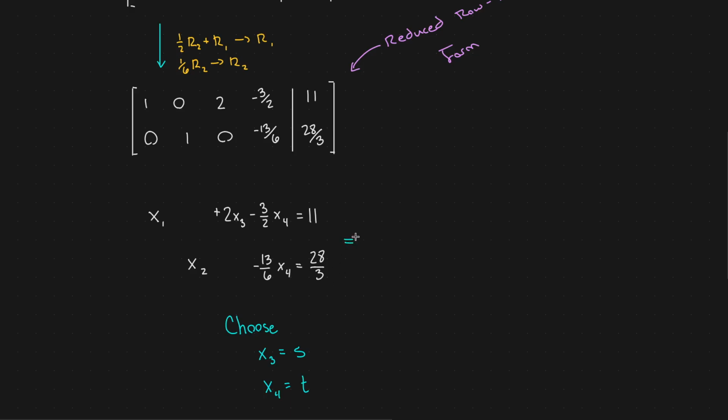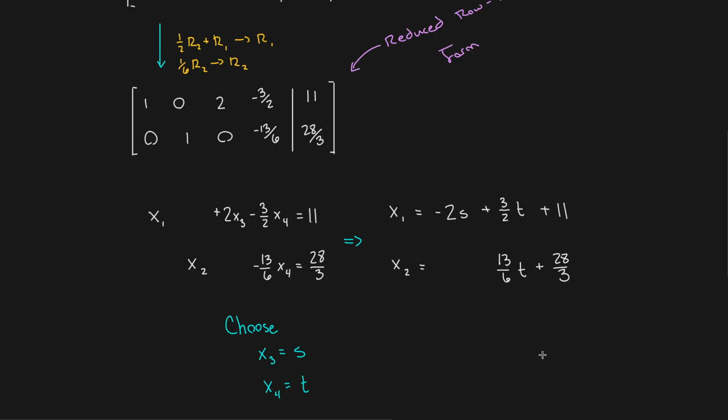So if I plug in and solve for x1, I have x1 equals negative 2x3, which is s, plus 3/2 x4, which is t, plus 11. And x2 is going to be, move the x4 over, that's 13/6, and x4 is t, so 13/6 t plus 28/3.